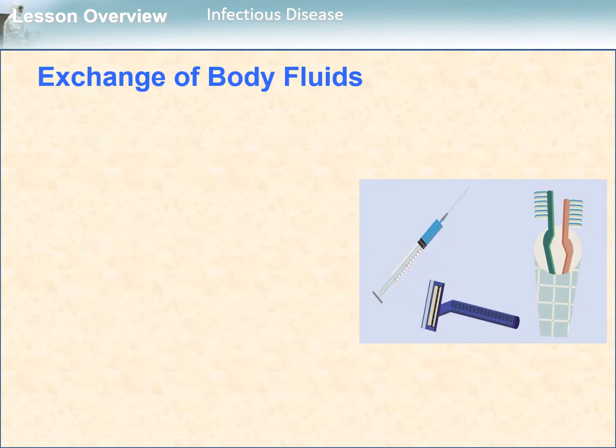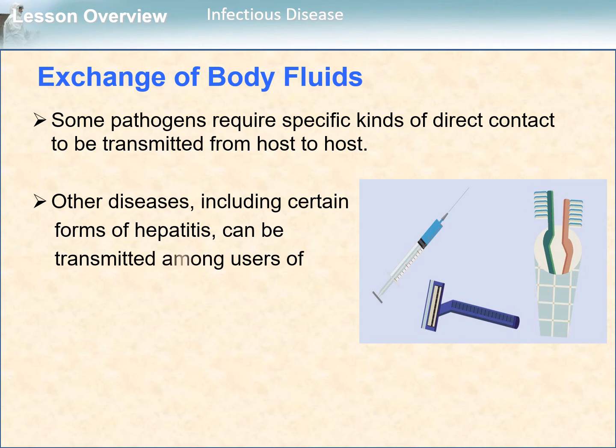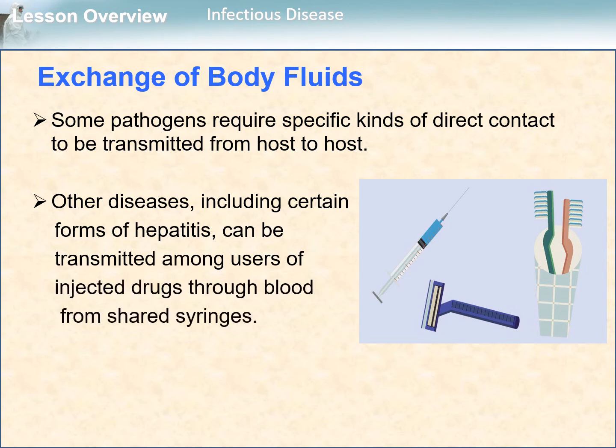So how does exchange of body fluids spread disease? Some pathogens require specific kinds of direct contact to be transmitted from host to host. Other diseases, including certain forms of hepatitis, can be transmitted among users of injected drugs through blood from shared syringes. It may also be through sharing of toothbrushes and shavers.